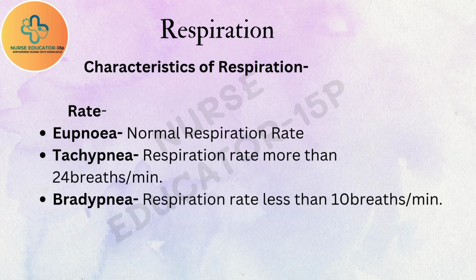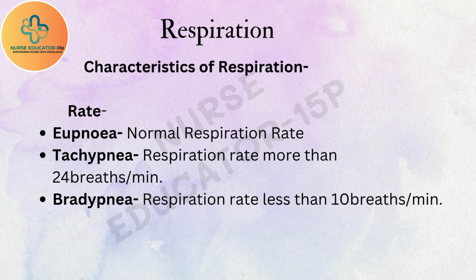Tachypnea is a respiration rate of more than 24 breaths per minute. If the respiration rate is increased to more than 24 breaths per minute, the terminology is tachypnea. Bradypnea is when the respiration rate is less than 10 breaths per minute.